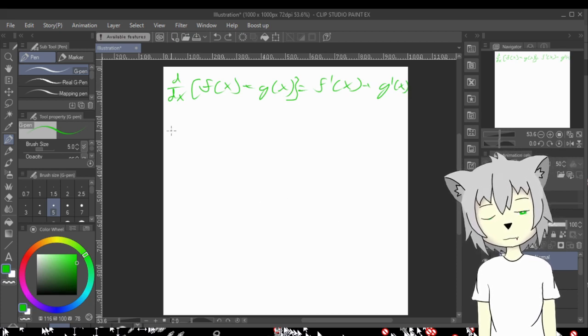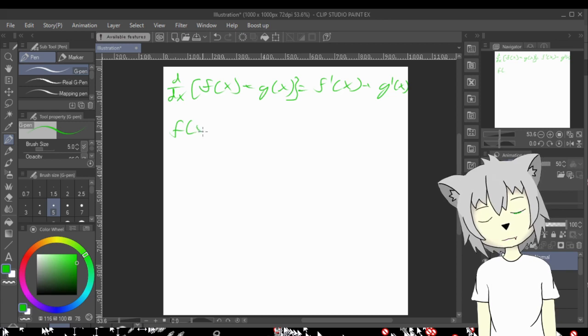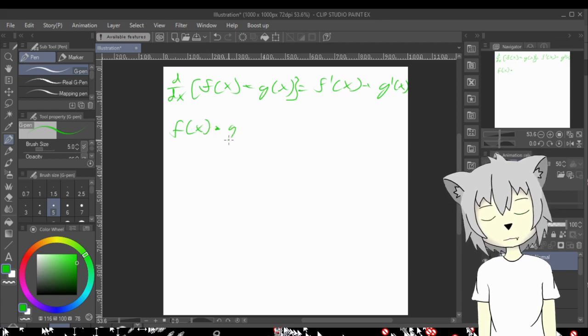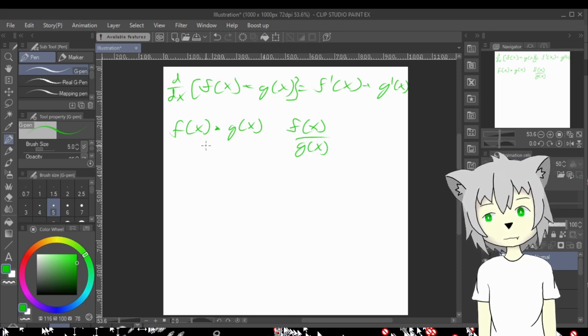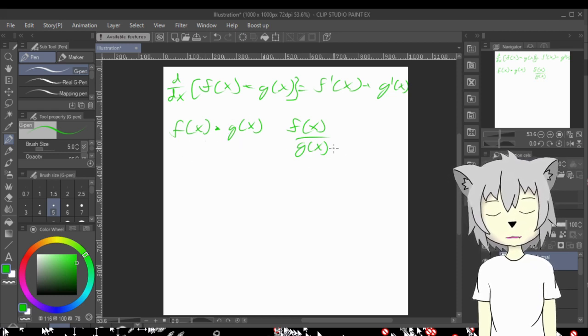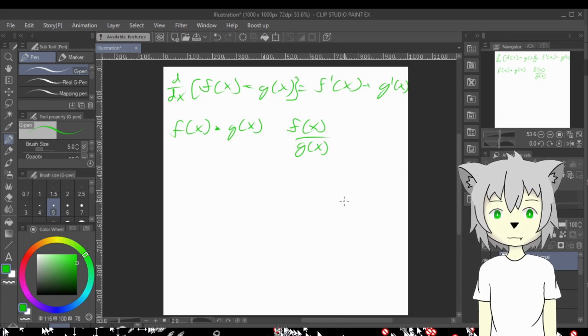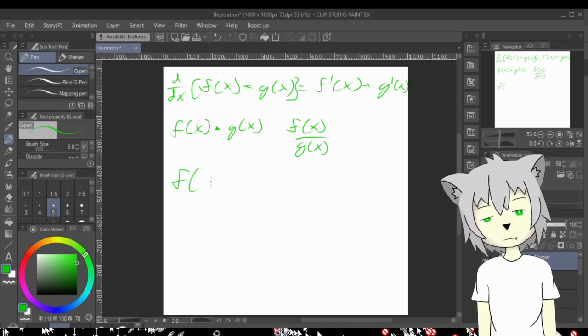But say you have f of x times g of x and f of x divided by g of x, which is basically the same thing, except you're multiplying by the inverse of g of x. And there's also f of g of x.